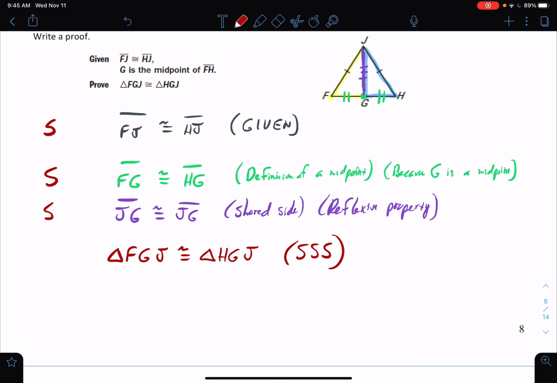Okay, we were able to prove that all three sides between these two triangles were congruent using math facts, using our given, using the midpoint and interpreting what that meant, looking for shared sides, analyzing this diagram. We were able to prove that these two triangles were congruent using side, side, side. All right, so this is where we're going to be making formal proofs and making an argument for why two triangles are congruent.